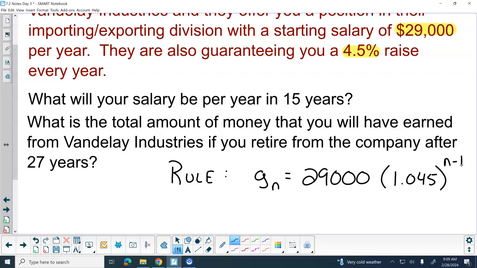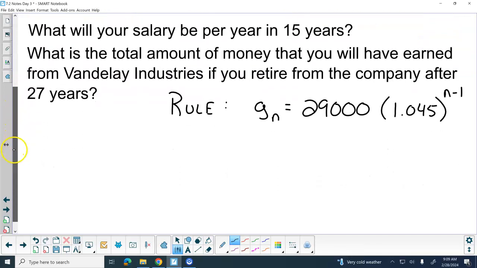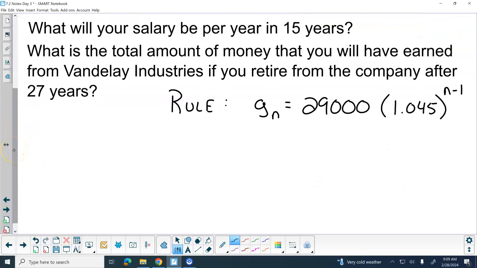Okay? So then in our first problem, what do we want to find? G sub 15. Okay, that's what we're trying to find there. In our second one, what are we trying to find?